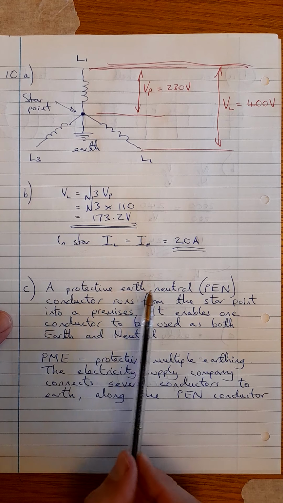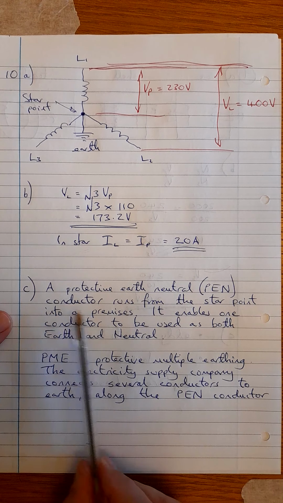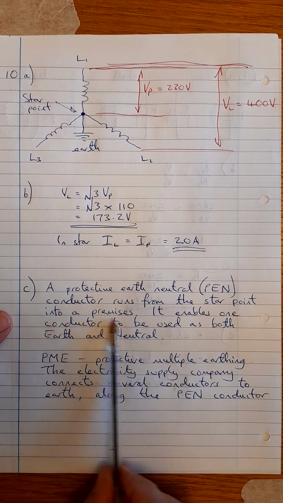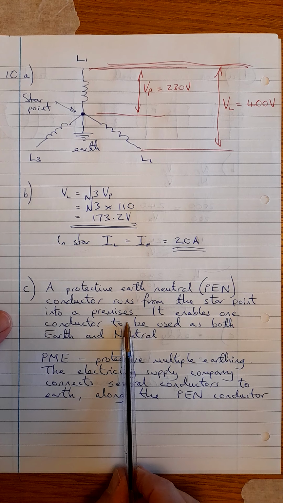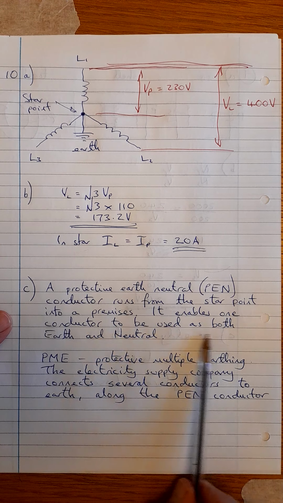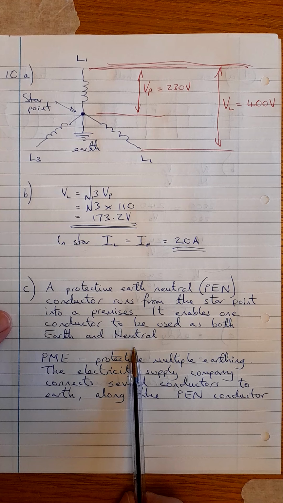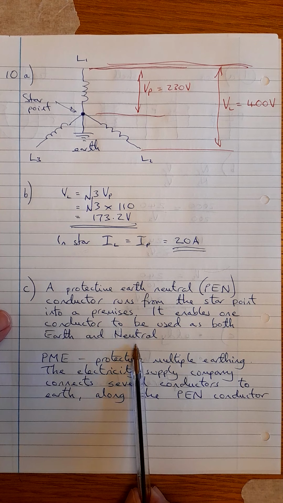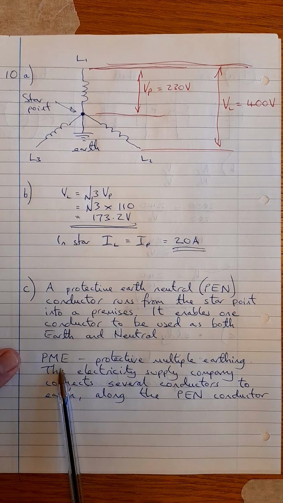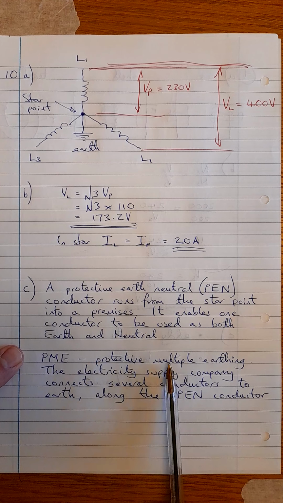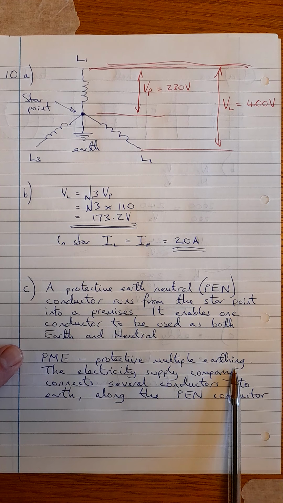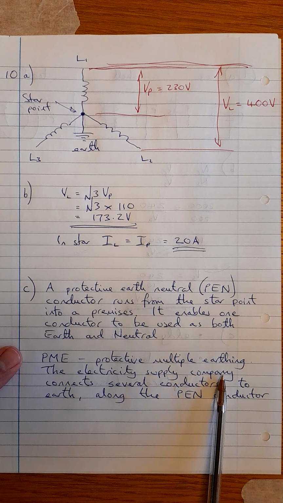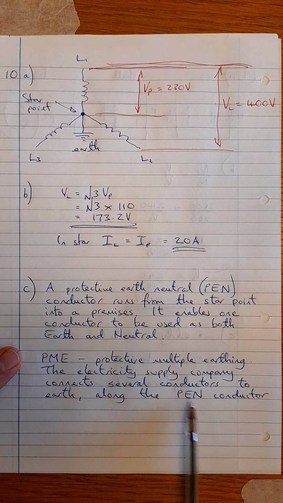A protective earth neutral conductor runs from the start point into a premises. It enables one conductor to be used as both earth and neutral. Check your notes, it's in there. PME, protective multiple earthing. The electricity supply company connects several conductors to earth along the route of the PEN conductor.